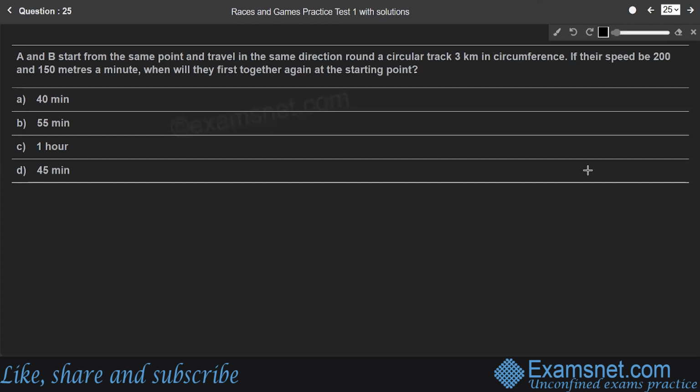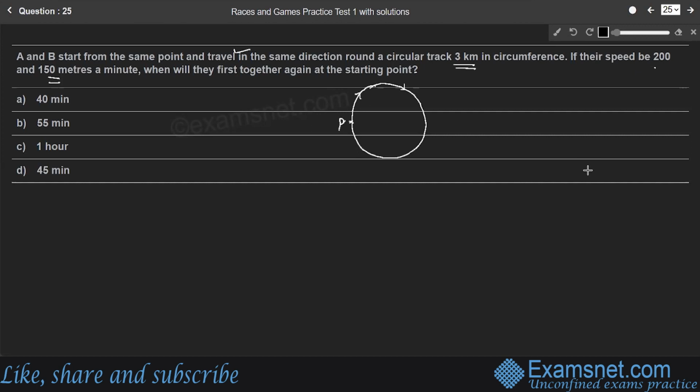Question number 25. A and B start from the same point and travel in the same direction round a circular track 3 km in circumference. If their speed be 200 and 150 meters a minute, when will they first be together again at the starting point? Students will consider a circular track from a fixed point P. So two persons A and B start traveling.